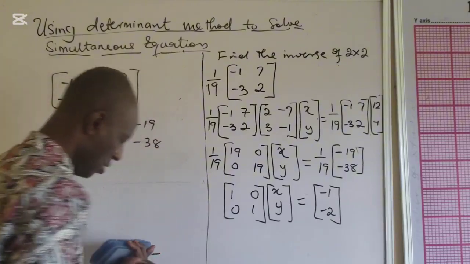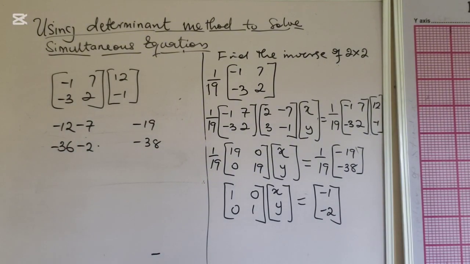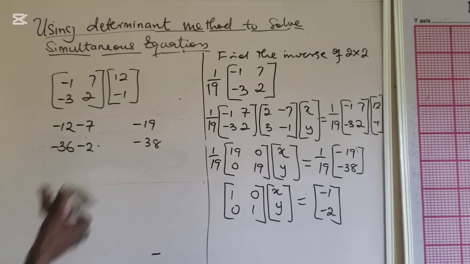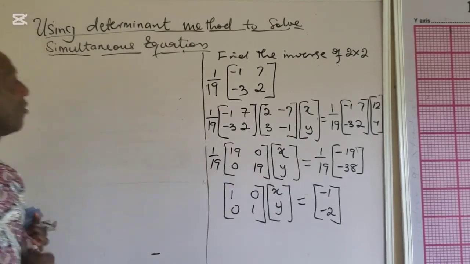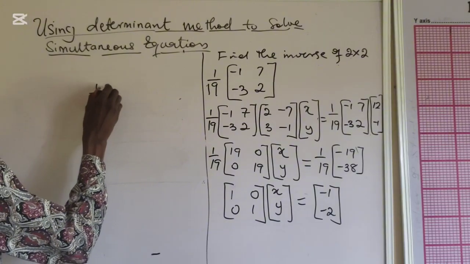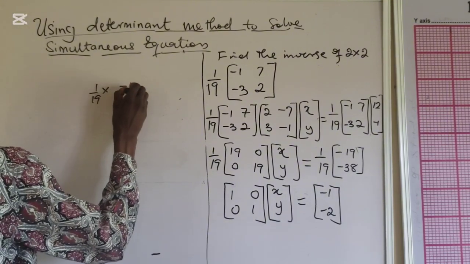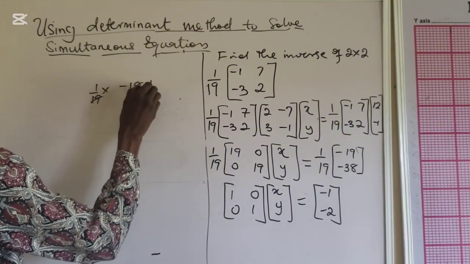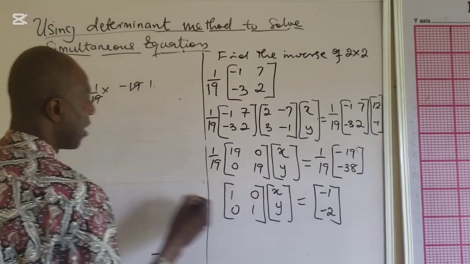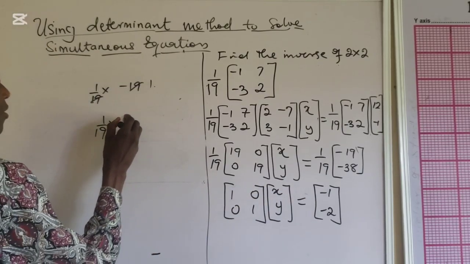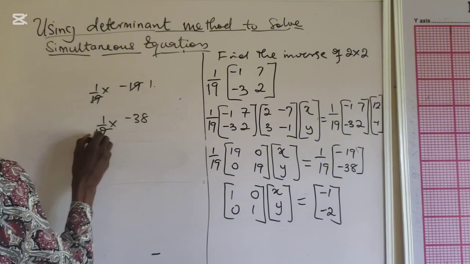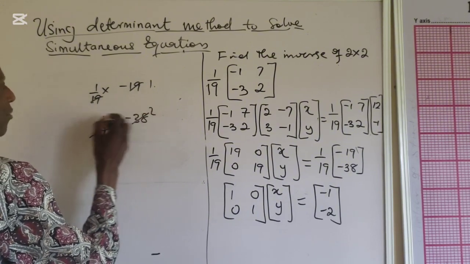Let me show you how we get that minus 1 and minus 2. 1 over 19 times minus 19 gives minus 1. 1 over 19 times minus 38 gives minus 2.